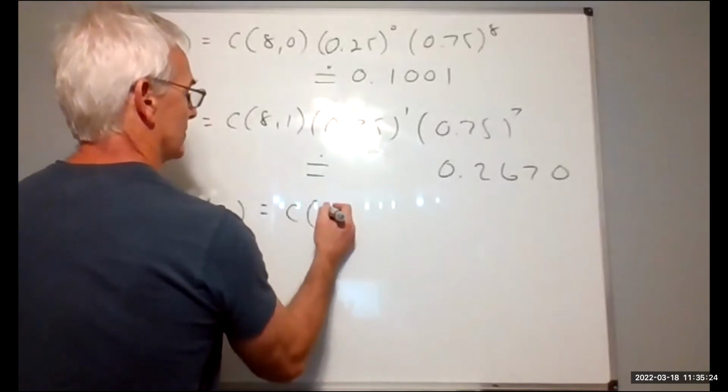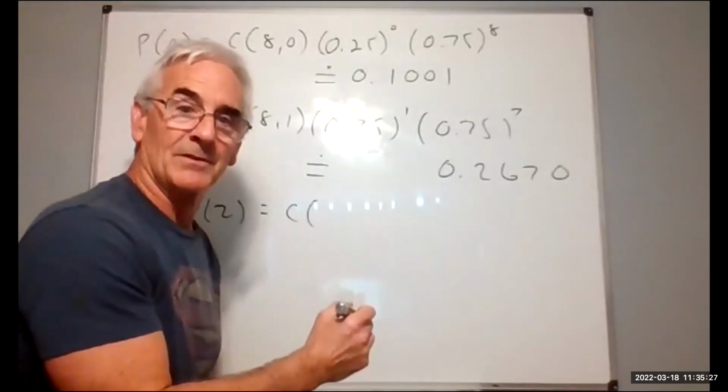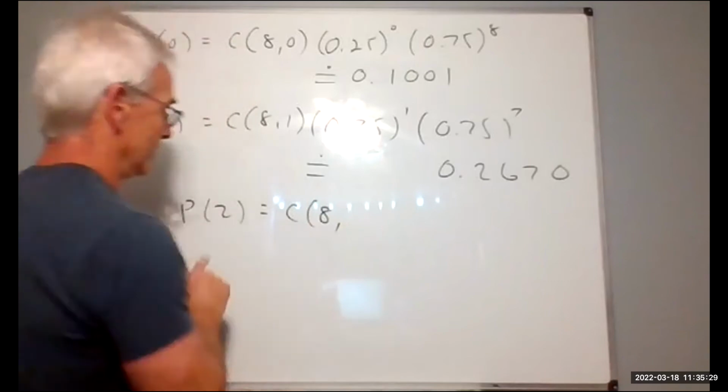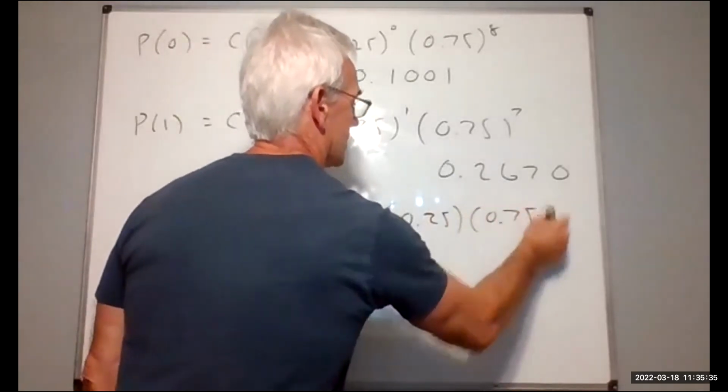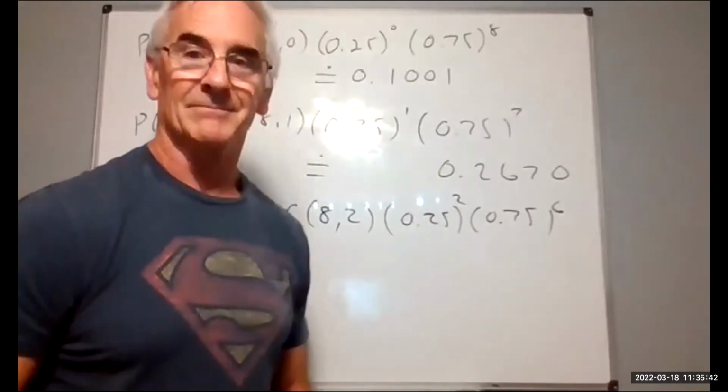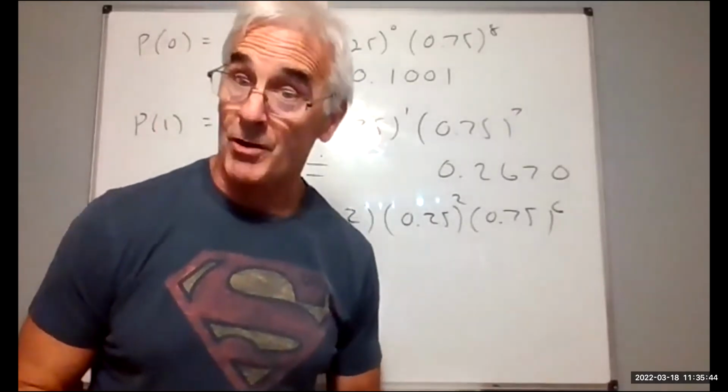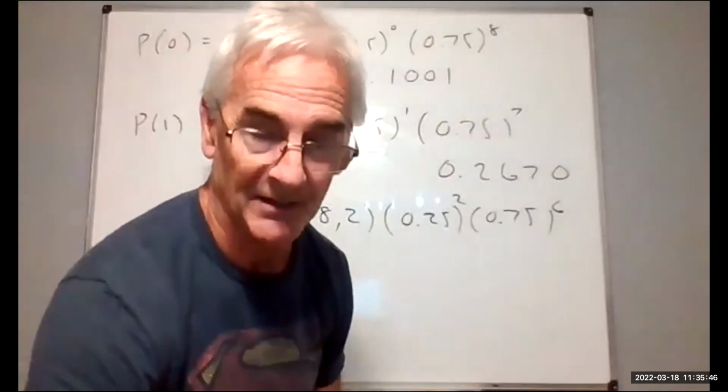This is combination what? Walk me through it. 8 choose 2. To the power of 2. And to the power of? 6. Yep. Once I start it, it kind of self-navigates.